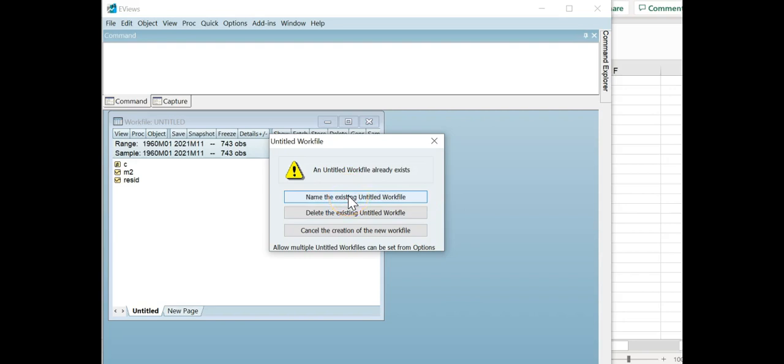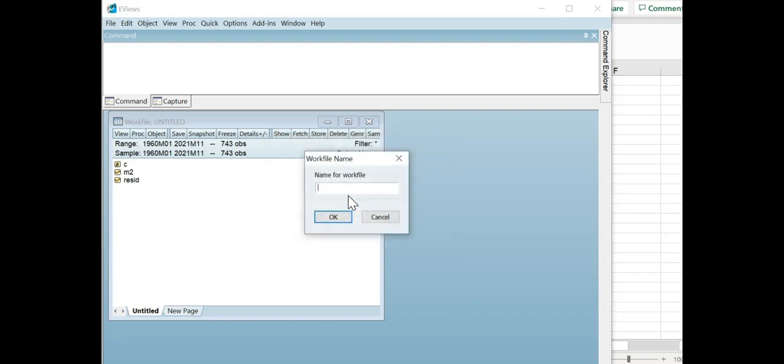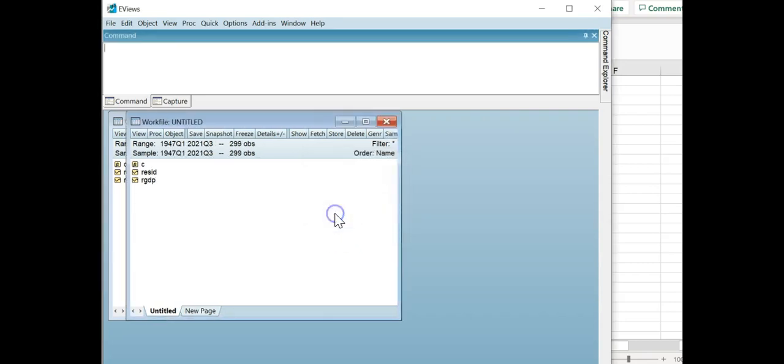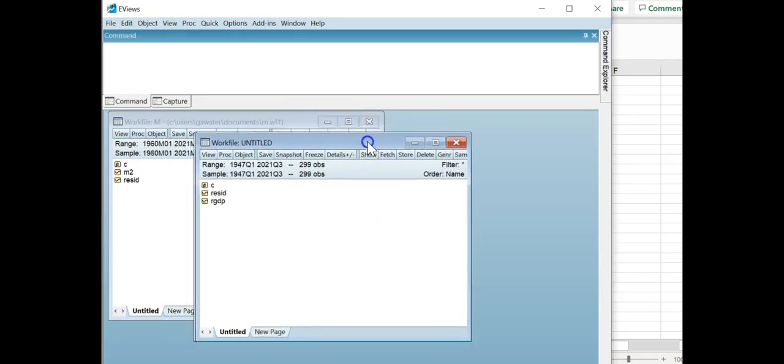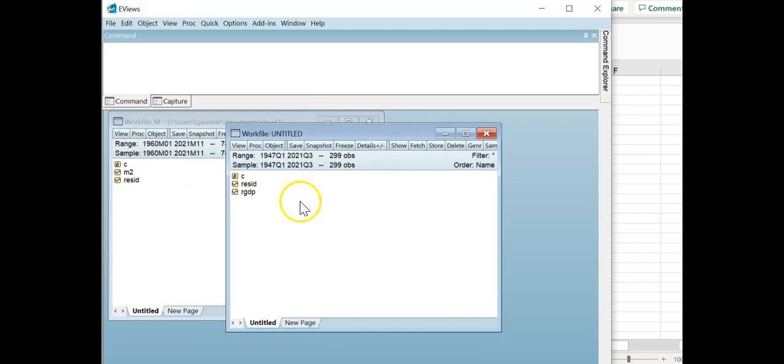We need to name the existing workfile. That's called M. But this is really the one we want. We want to put these together.